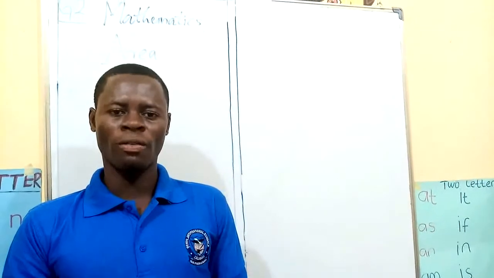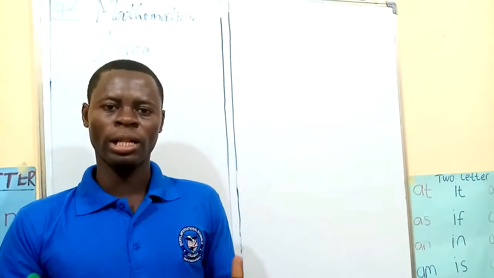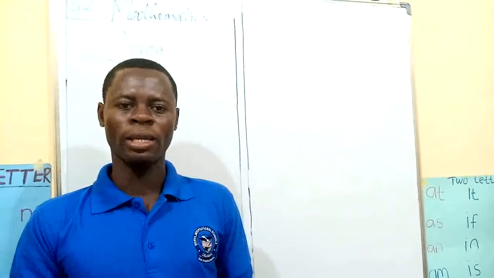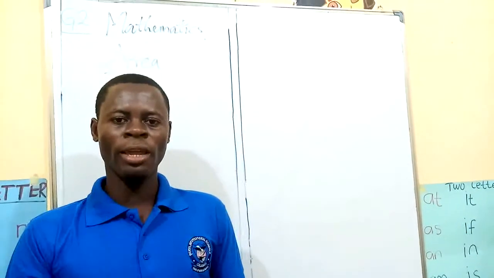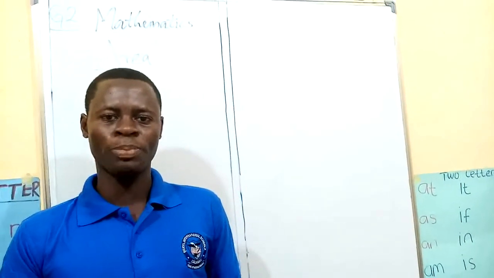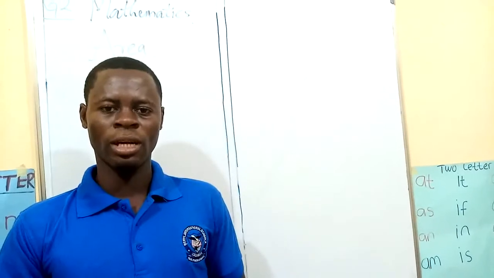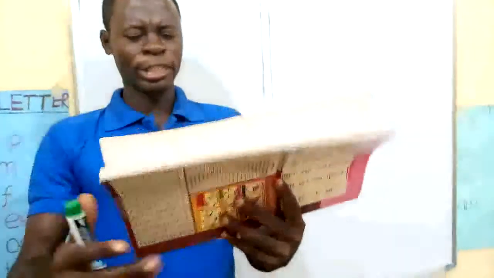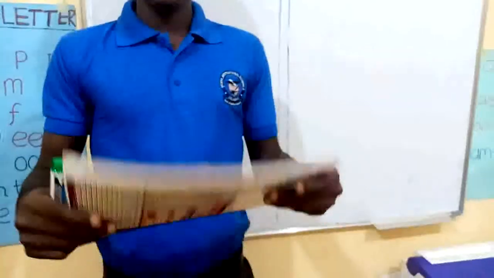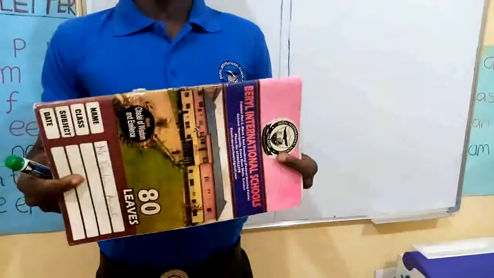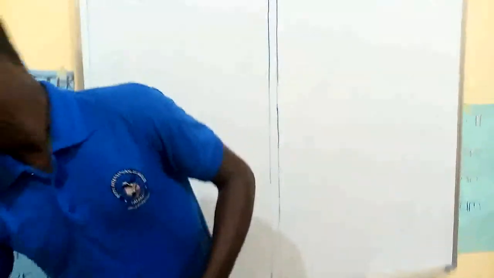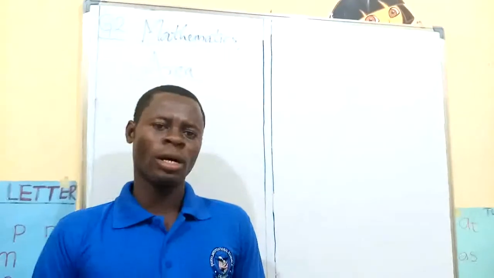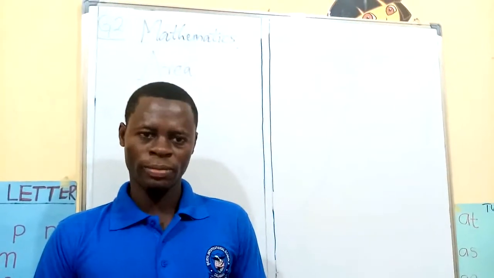The area of an object is the total space occupied by the object. For example, the area of this notebook is the space occupied by this notebook. Also, we'll be looking at the areas of shapes.